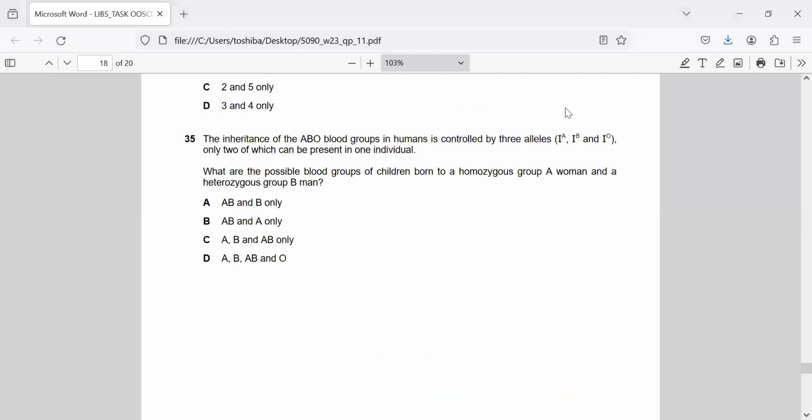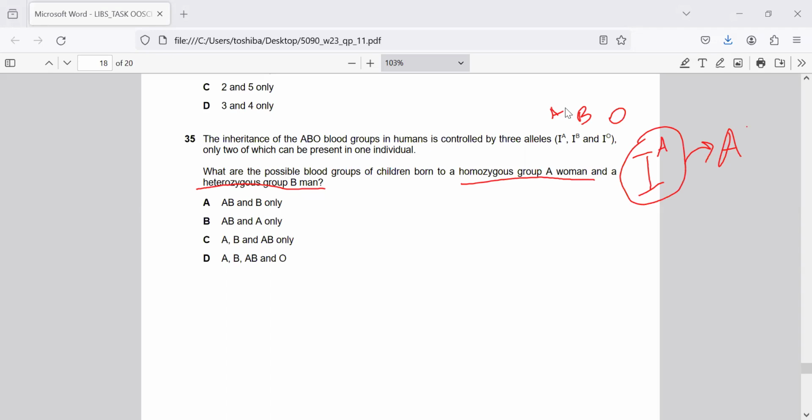Question number 35. The inheritance of A or B blood group in humans is controlled by 3 alleles: IA, IB, and O. It's always A, B, and O, but we write it as capital I, and here is the capital letter A. We call it blood group A. What are the possible blood groups of children born to a homozygous group A woman and a heterozygous group B man?